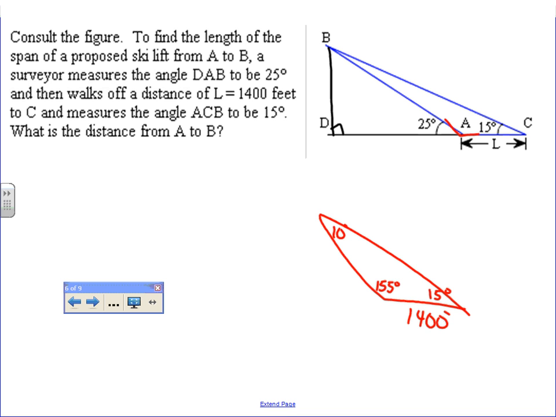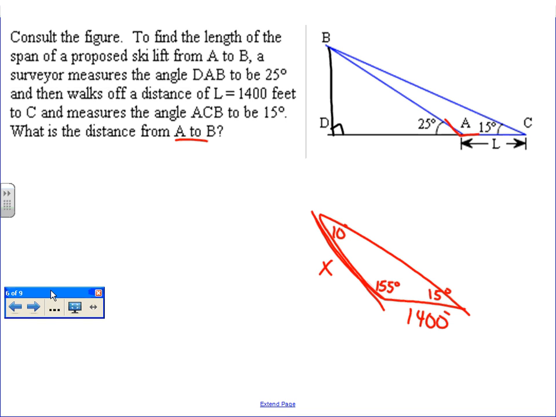Okay, now what are we supposed to be looking for here? What is the distance from A to B? Wouldn't that be that side right there that's missing? So I'm going to call what I'm finding there X. Now, y'all see how we could use the law of sines here?